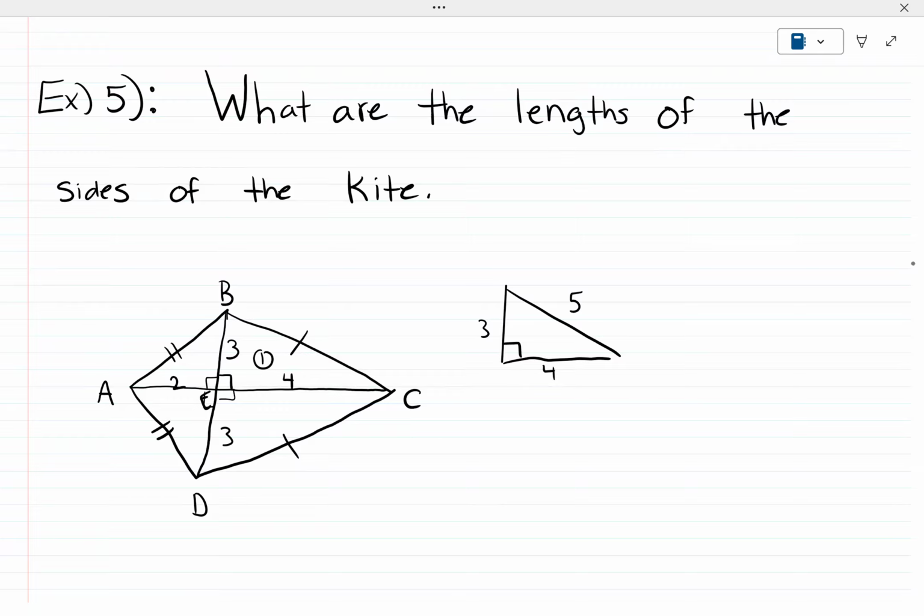How do I know this was 5? Well, it's a special right triangle. It's a 3, 4, 5. But if you weren't sure, you could use the Pythagorean theorem, right? So you could do 3 squared plus 4 squared equals c squared. If you do the work, it'll give you 5.